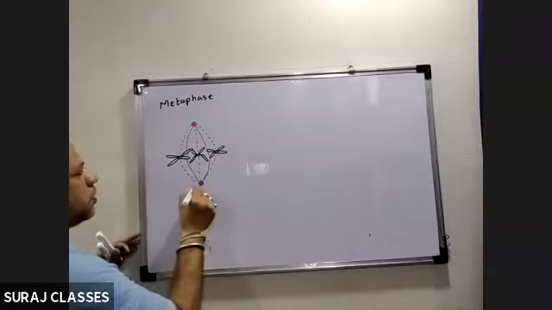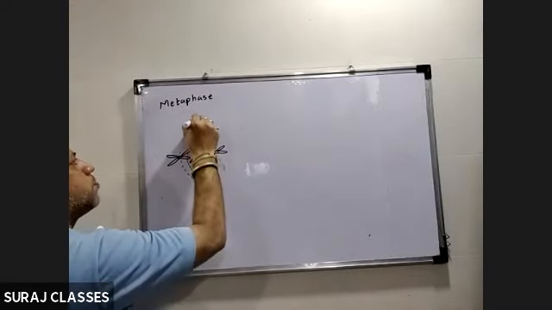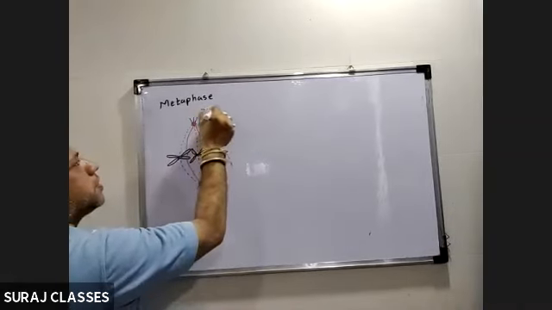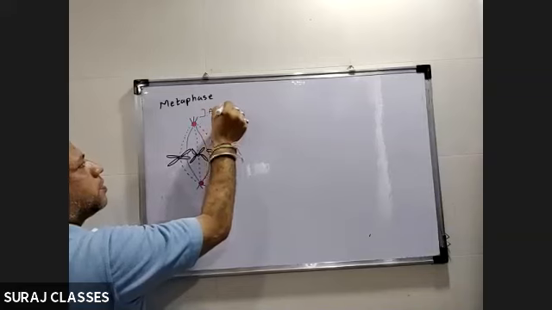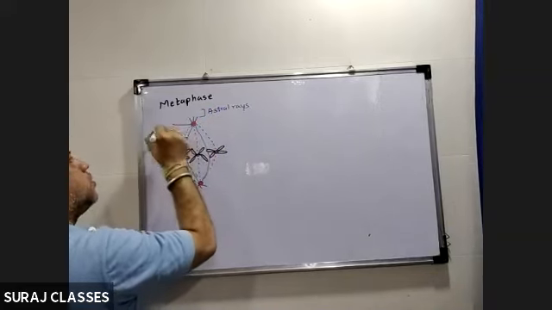Now you can see something else. These things are called astral rays. These are centrioles.